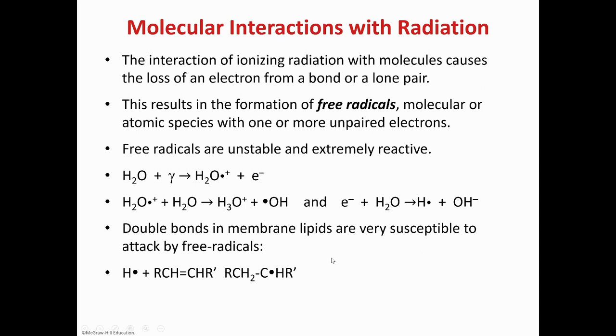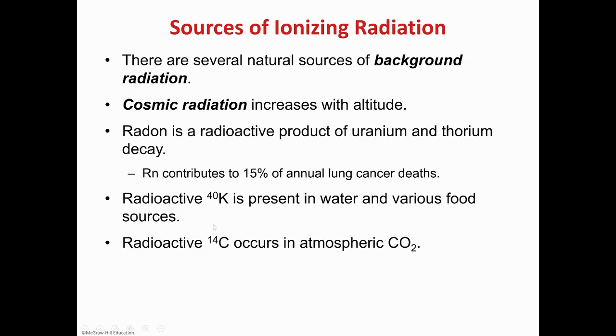And so what happens is that this can create a series of reactions in the body that can ultimately create mutations on a DNA level. And sometimes those mutations can lead to diseases like cancer. However, we can't be so afraid. We do need to understand that there's a lot of natural sources of radiation.